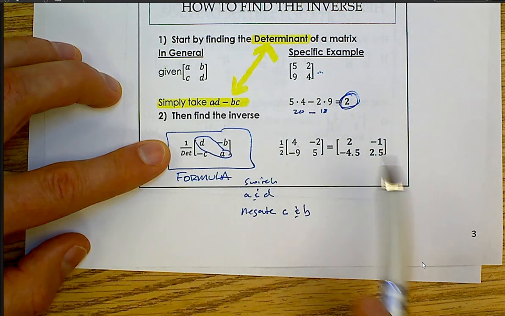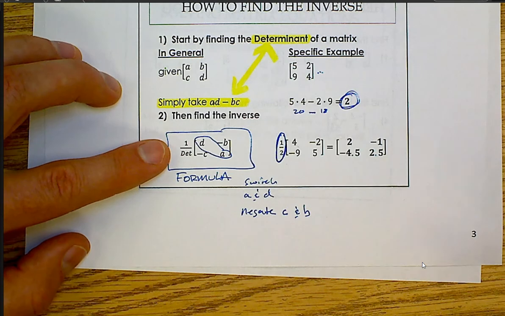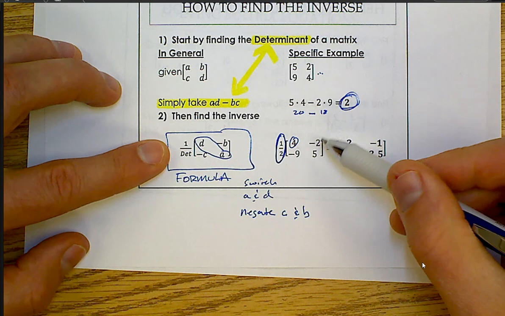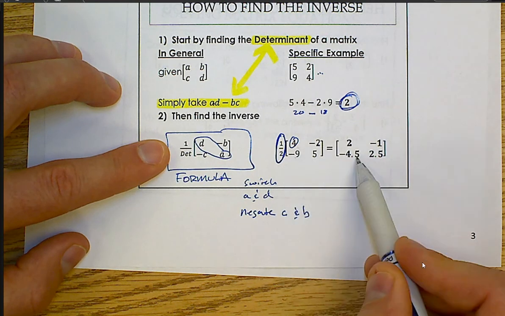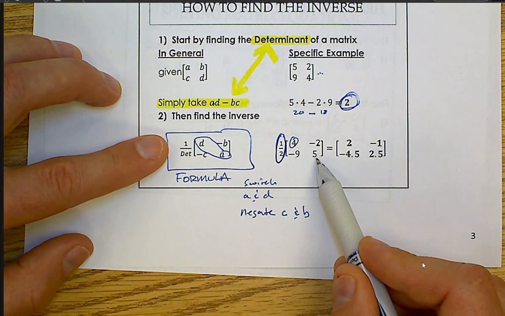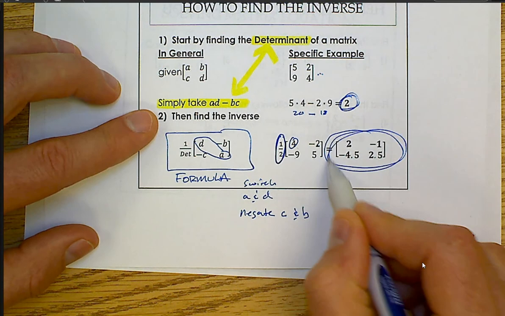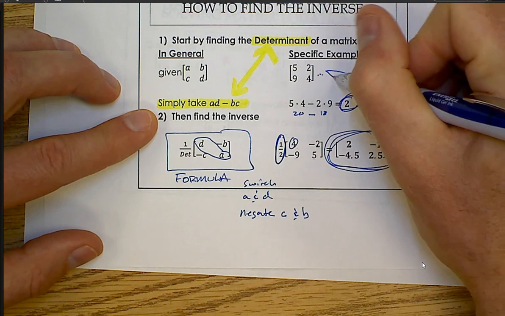And then you take this 1/2, which is our scalar, and you multiply it by the 4 to get 2, by the -2 to get -1, 1/2 times -9 is -4.5, and 1/2 times 5 is 2.5. And this right here is the inverse of this matrix right there.